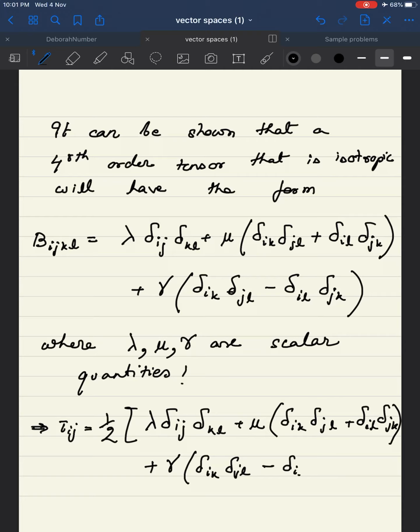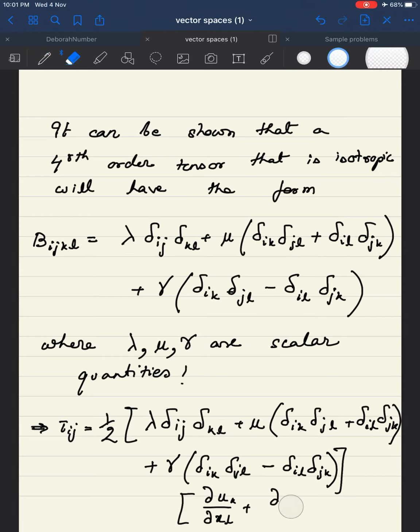Del I L del J K J multiplied by this del UK del XL plus del UL by del XK. Okay, great.